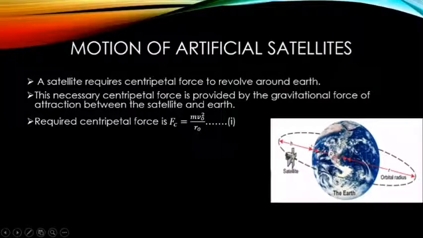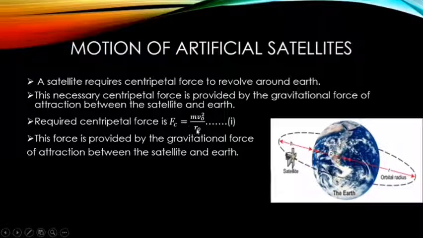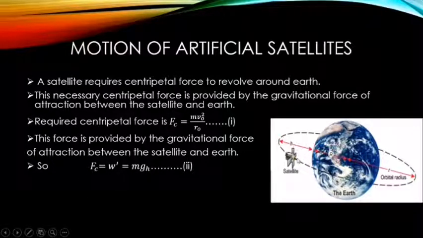For a satellite of mass m which moves with velocity v0 in an orbit of radius r0, the necessary centripetal force is Fc is equal to m v0 square over r0. This necessary centripetal force is provided by the gravitational force of attraction between the satellite and the earth. We know that the gravitational force of attraction is equal to the weight of the satellite, and the satellite's weight at height h is m gh.